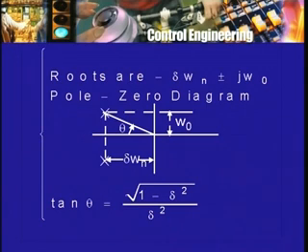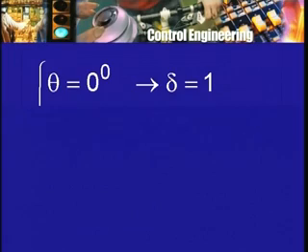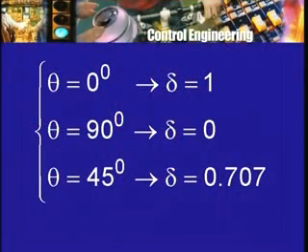And now I can consider the case where theta is close to 0, that is, the imaginary part is virtually 0, the real part is of course not 0, or theta is very close to 90 degrees, in which case the imaginary part is large, the real part is much smaller. A third case will be theta equal to 45 degrees, when the real and the imaginary parts are equal.